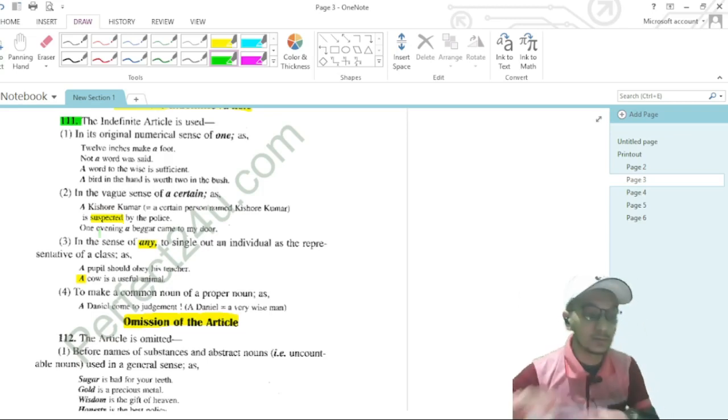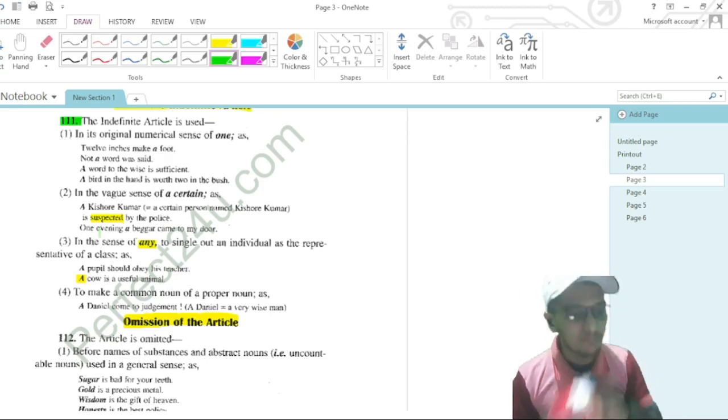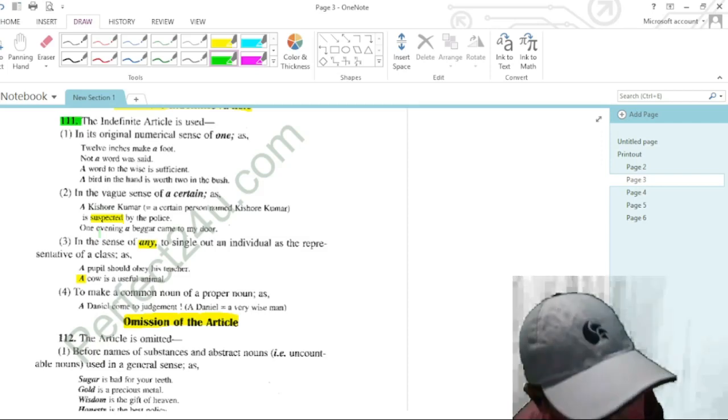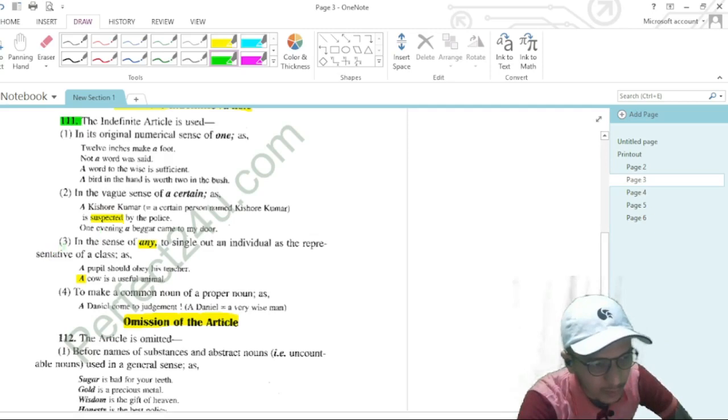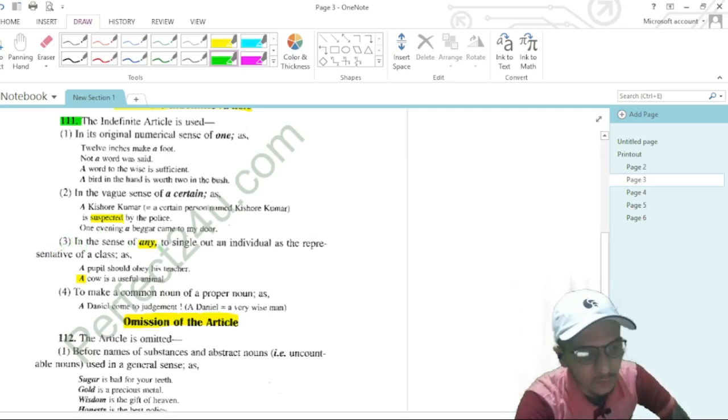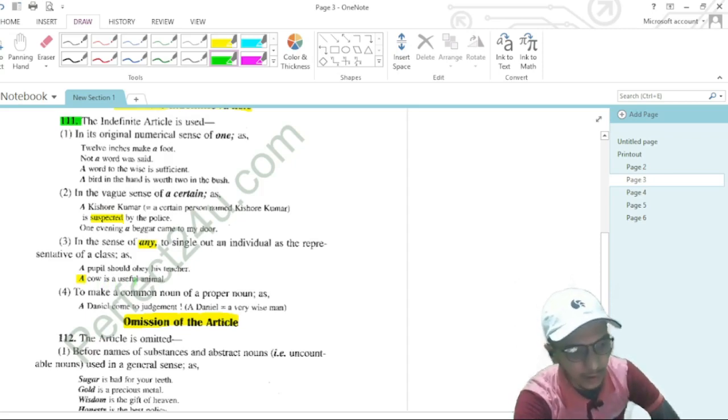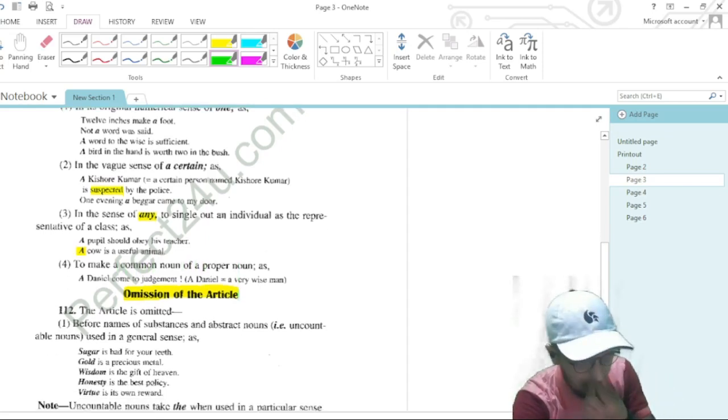The next one is point number 3, that is in the sense of any, to single out an individual as representative of a class. "A cow is a useful animal." To make a common noun of a proper noun.